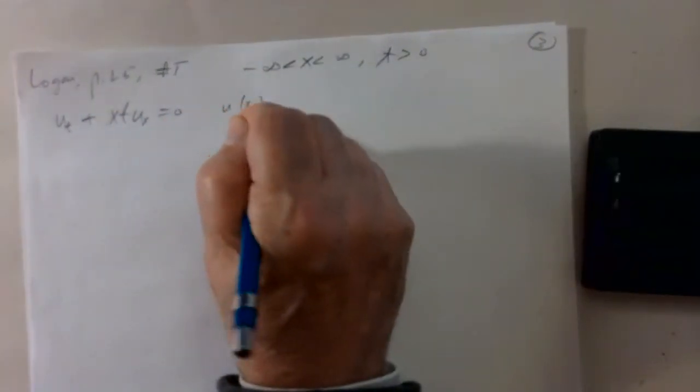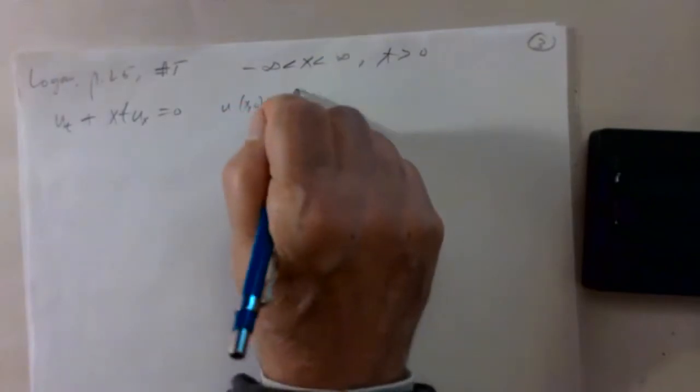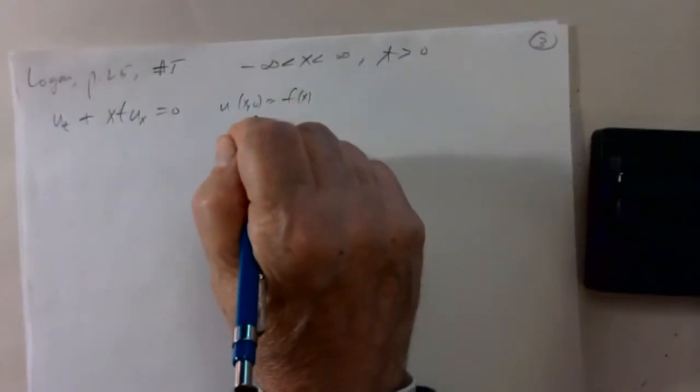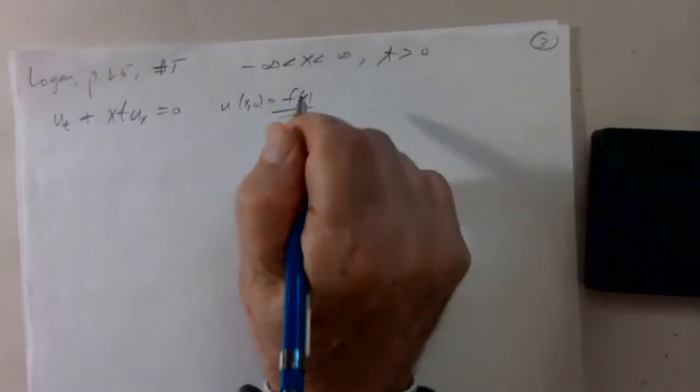And we have the following partial differential equation, first order: u sub t plus xt u sub x equals 0, and u of x, 0 equals some function f of x. So this is the initial condition.